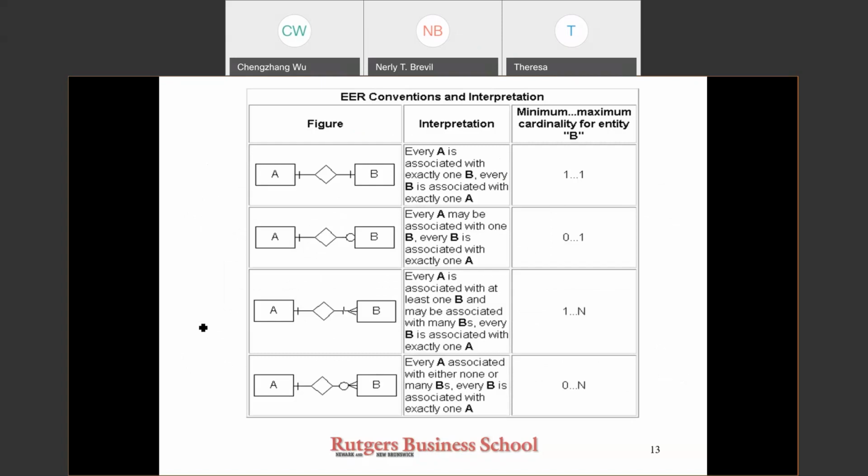So this is a quick summary. Now you should be able to extrapolate the following entries for variations in cardinality and optionality for entity A.